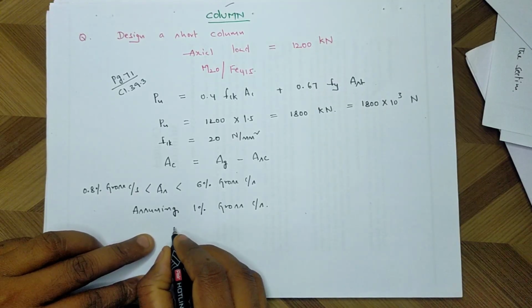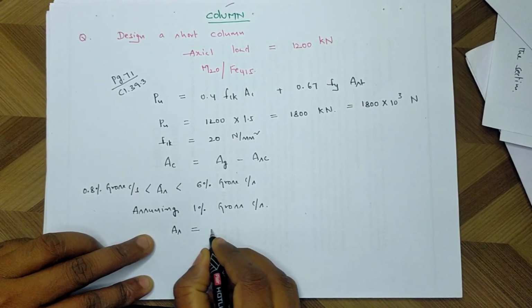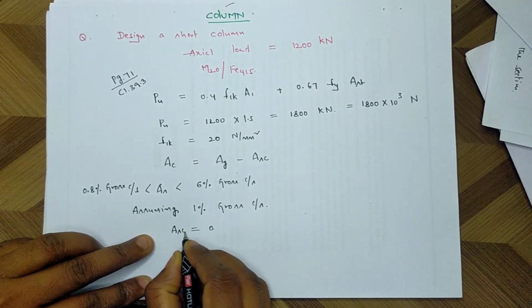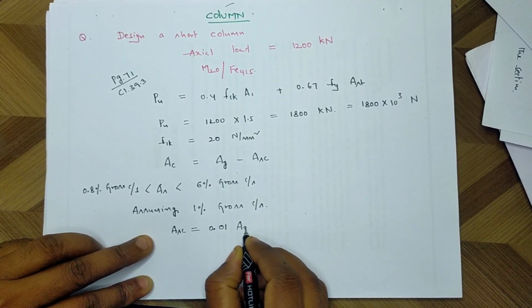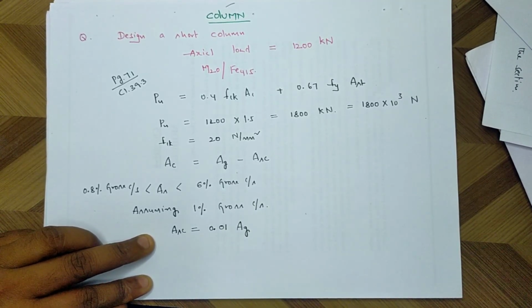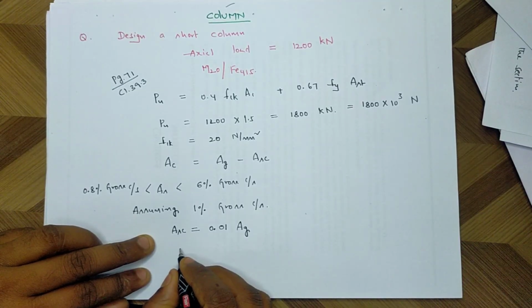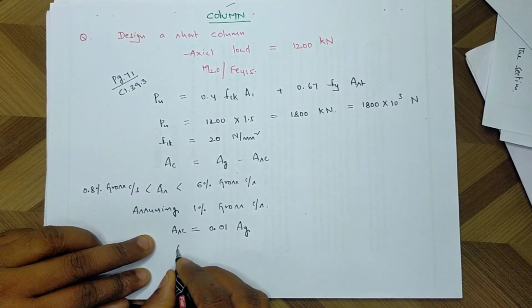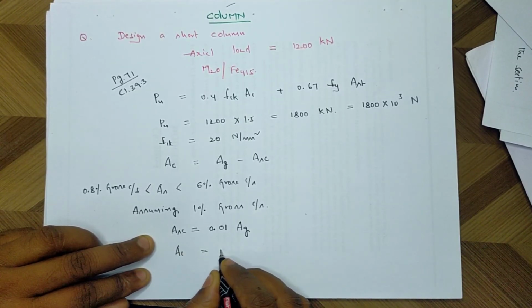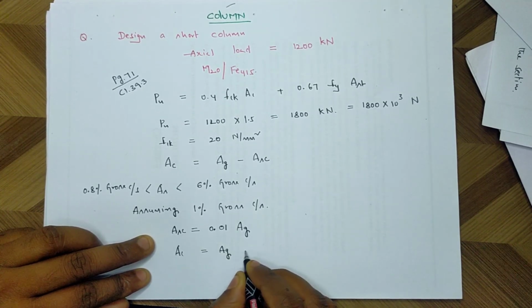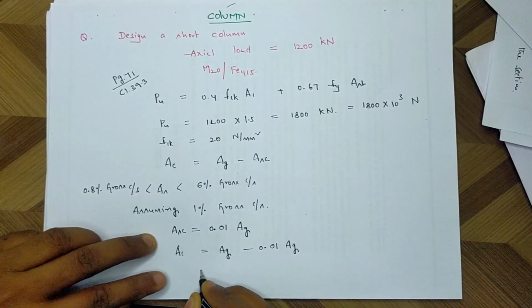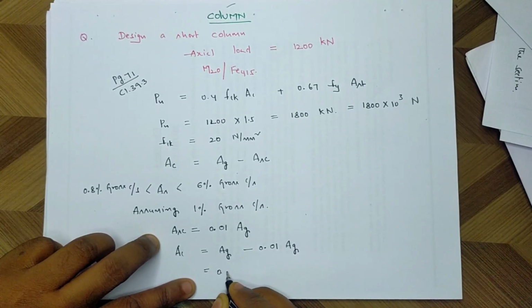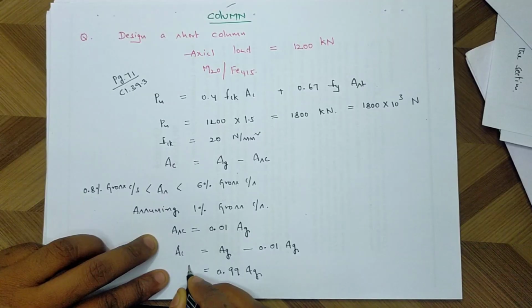That is, Asc is equal to 0.01 Ag, the gross cross-sectional area. Now Ac will become Ag minus 0.01 Ag, that is equal to 0.99 Ag. This is Ac.